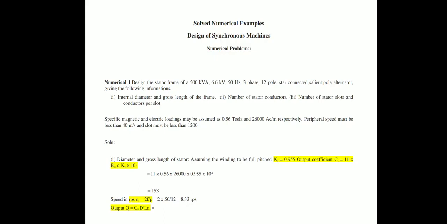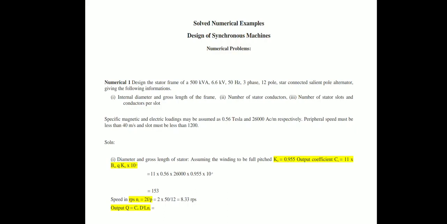Diameter and gross length of stator: assuming the winding to be full pitched, Kw is equal to 0.955, and the output coefficient, represented by C0, is equal to 11 into BAV into q into Kw into 10 raised to power minus 3.